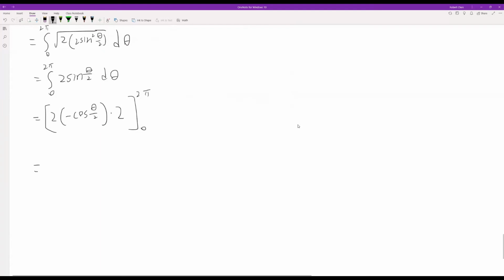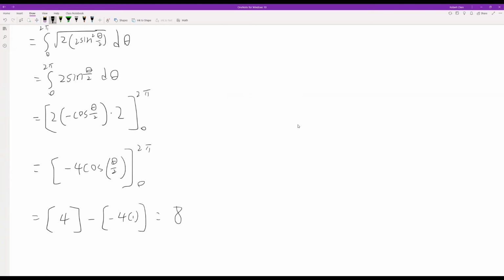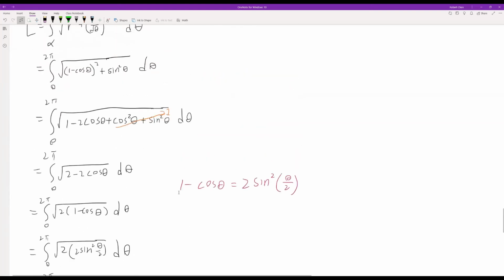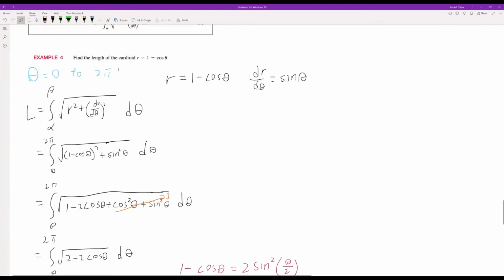Let's clean this up: we get negative 4 cosine of theta over 2, going from 0 to 2 pi, which is 2 pi over 2, that's pi. Cosine pi is negative 1, so we get 4 minus negative 4 times cosine 0, which is 1. So 4 minus negative 4 is 8. And there you go, 8 is the final answer for the length of the cardioid.